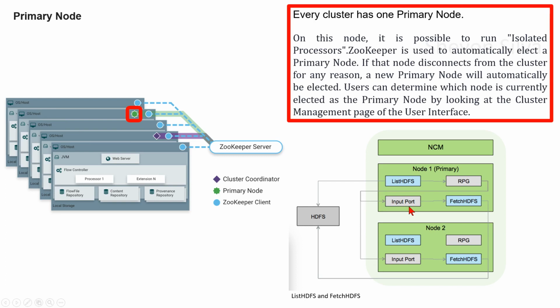This causes each node in the cluster to receive a portion of the files to fetch. Each Fetch File processor can then fetch the files from HDFS in parallel.